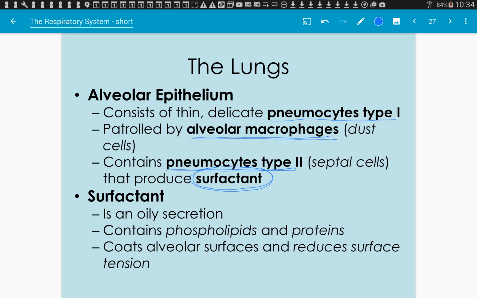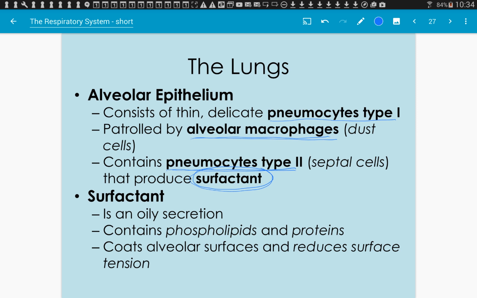Babies or fetuses, for example, don't start producing surfactant until the mid portion of their third trimester. So this is one of the reasons for, let's say, if a baby is born too early, they have not produced enough surfactant. This is where they may have trouble breathing and getting enough oxygen.